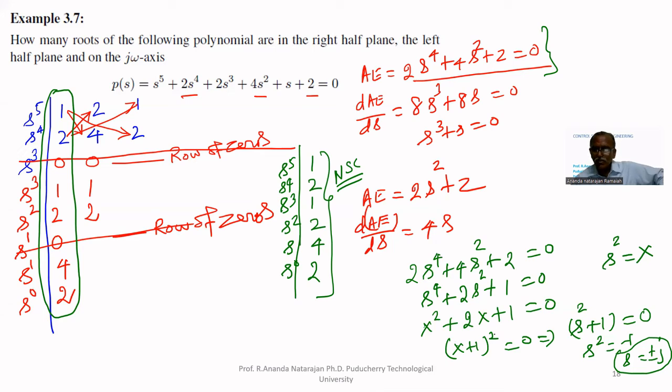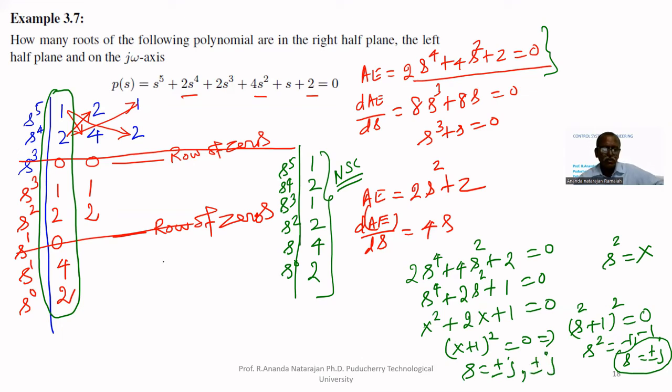So it is s square plus 1 whole square. Therefore, the roots are repeated: s equal to plus or minus j, again plus or minus j.